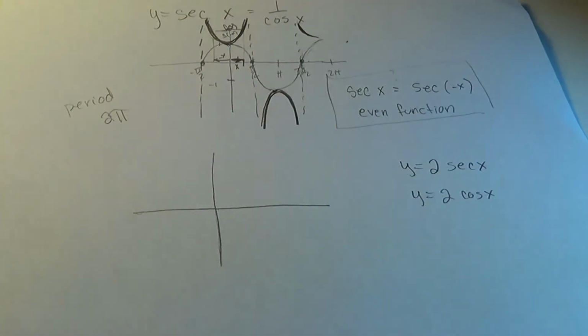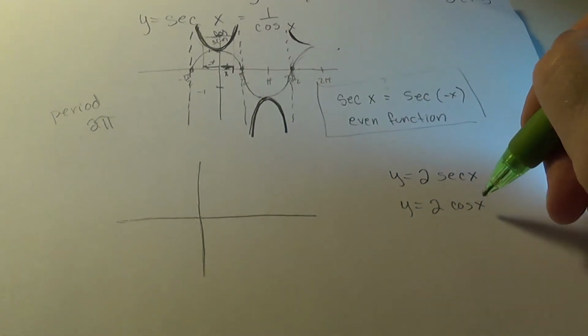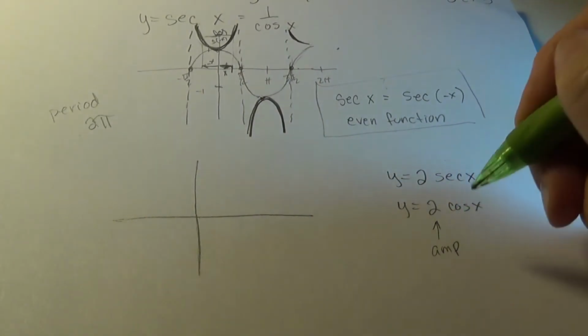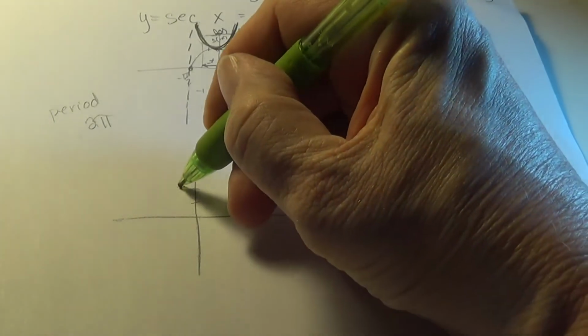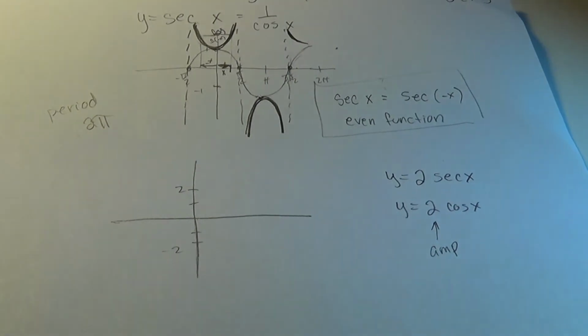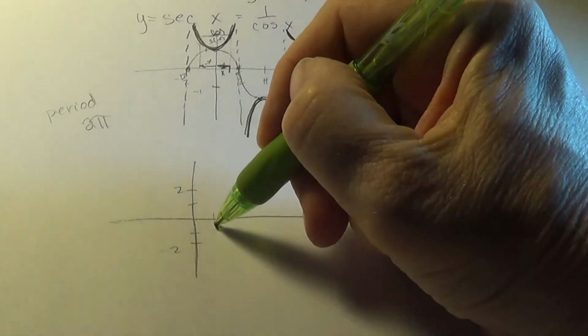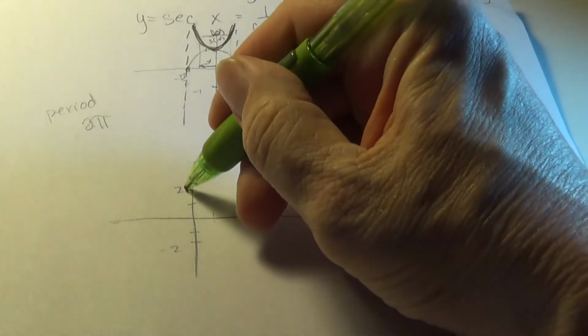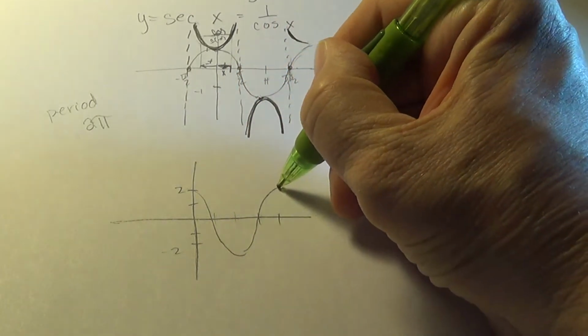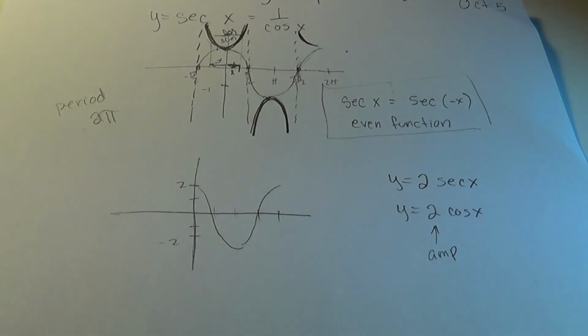So we're going to graph this one, and this is cosine with an amplitude change of 2. So instead of going up and down to 1 and negative 1, it's going to go up and down from 2 to negative 2. Same tick marks as before. So nothing has changed but the amplitude on this problem.